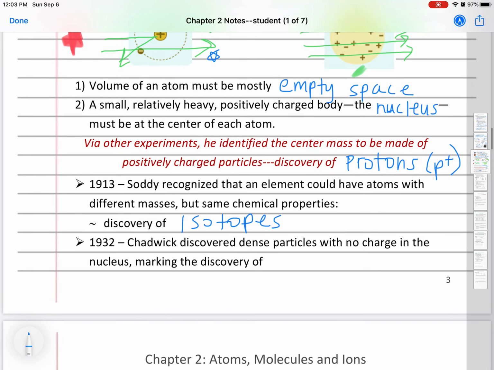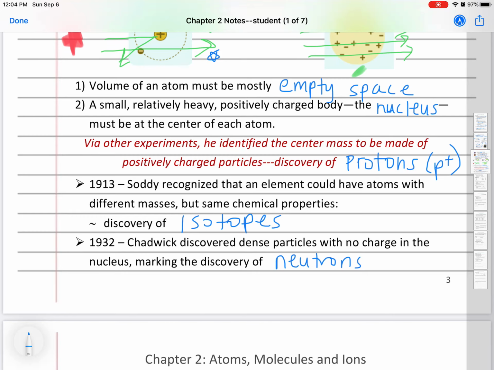So it took a while to find that particle because it's a lot easier to find particles with charges, right? Because you can do experiments where you look for charged particles, but it was a lot harder to find these non-charged parts. And these non-charged parts that also reside in the nucleus with the protons are called neutrons.